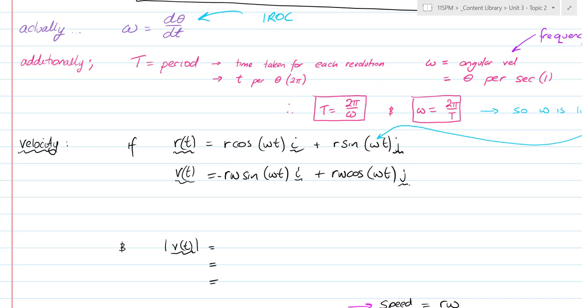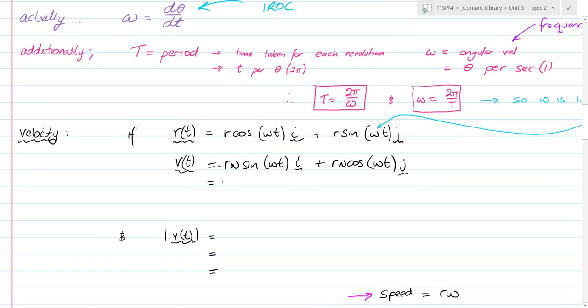And in some contexts, although it's rare, you might find it useful to recognize that this is similar to the position, but not quite, by taking out that common factor of omega, and you can take out the common factor of r as well, but it does look a little bit like that.